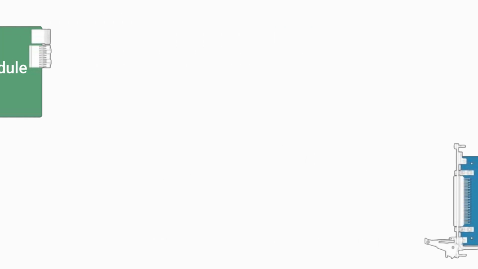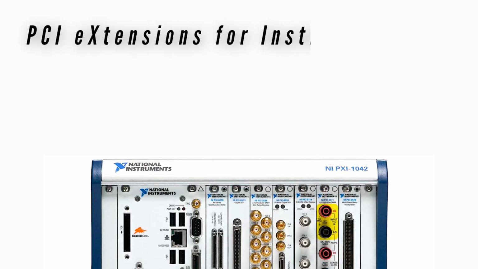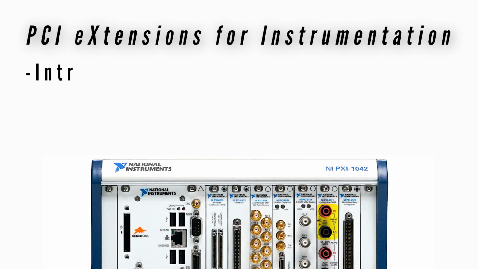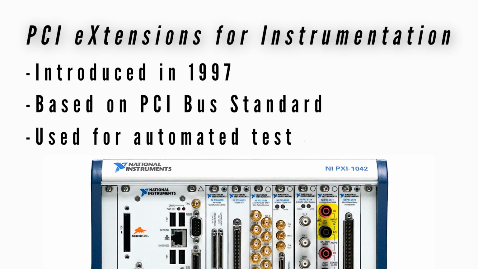Let's get started. First, what exactly are PXI and PXIe? PXI, or PCI extensions for instrumentation, was first introduced in 1997 and was based on the PCI bus standard. It was used for automated test and measurement applications and offers a modular and scalable approach to test systems.